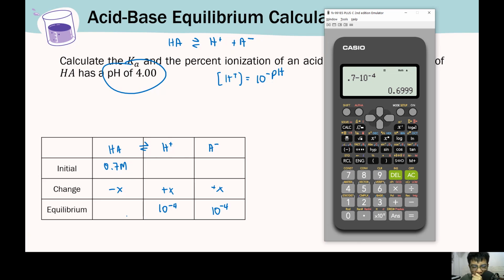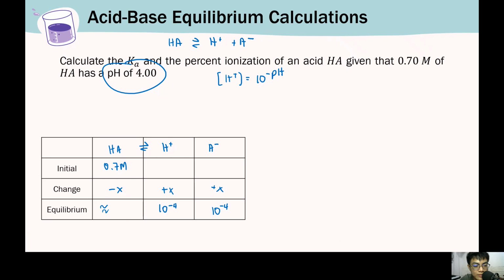Basically, same pa rin naman halos. Siguro we can write approximately 0.7 pa rin. Okay, so yan, nakuha na natin yung equilibrium concentrations. Since we know the equilibrium concentrations, we can get the Ka value.